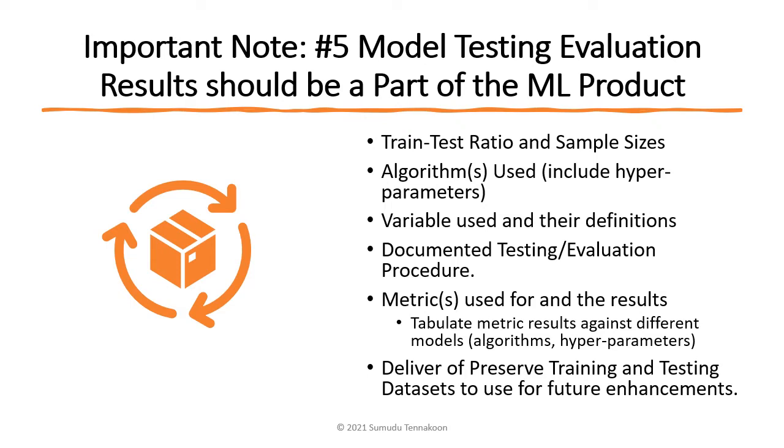Therefore, try to preserve it along with some other things. What you can preserve it with is the train test ratio and sample sizes, because data science and machine learning is a science. In science, we need to reproduce our results. So if I do an experiment and get some result, when I'm reporting that result, I need to provide the details. Okay, this is how I did the experiment under these conditions.